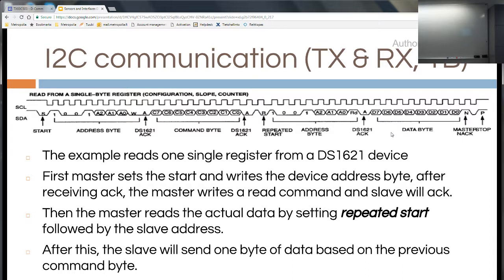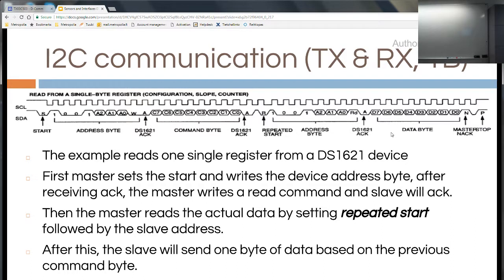There's also transmit and receive mode. Fundamentally, everything I'm telling here is quite device dependent, what kind of data communication it uses. For example, here we have the DS1621, which is a sort of I2C temperature sensor, I think, and it has that kind of system.